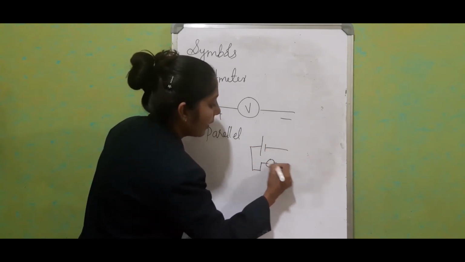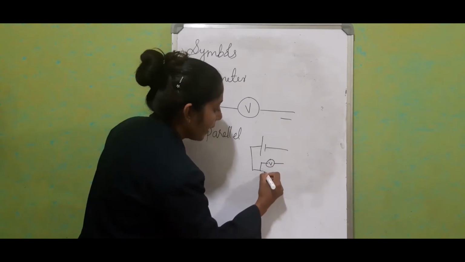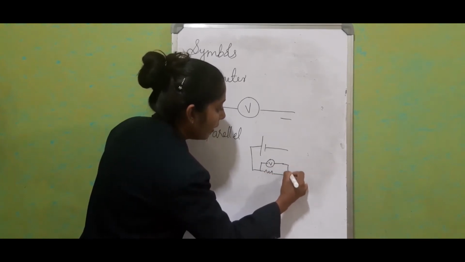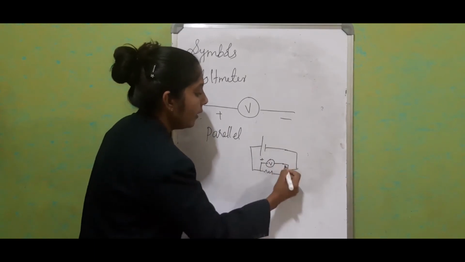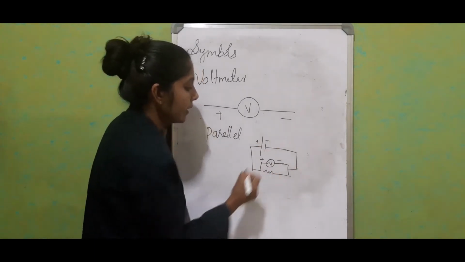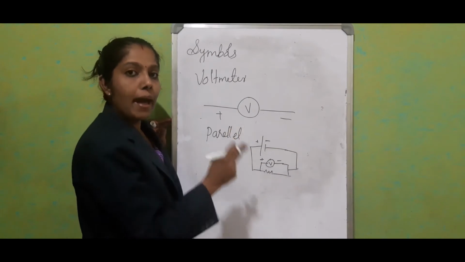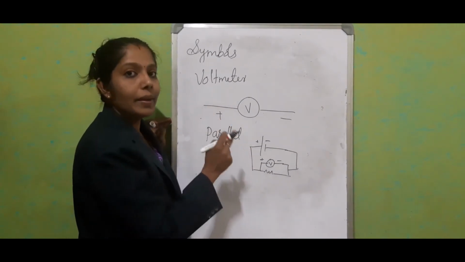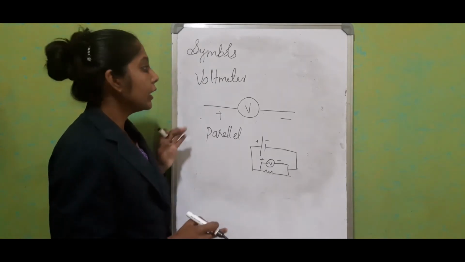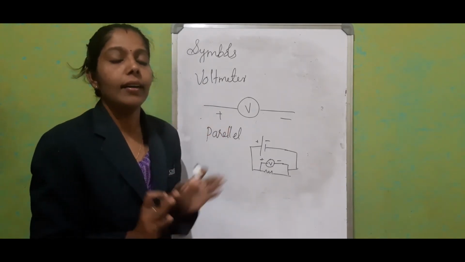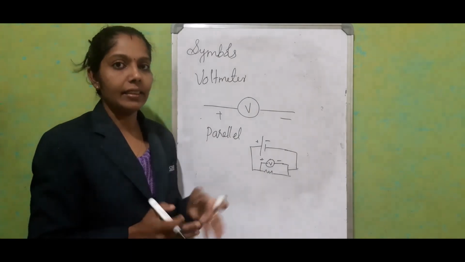I'll show how it is. Here we have the voltmeter, and here we have the resistor. Positive is here, negative here. So the voltmeter is always connected parallel to the circuit, and we use it to measure the voltage in the circuit.